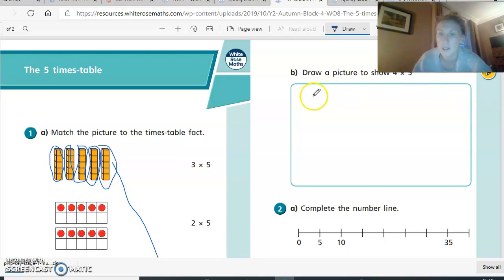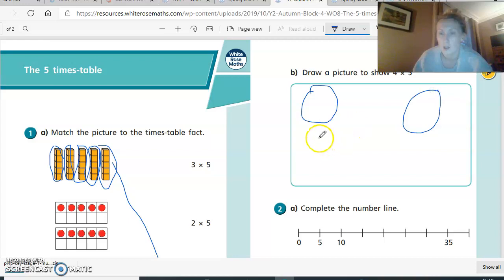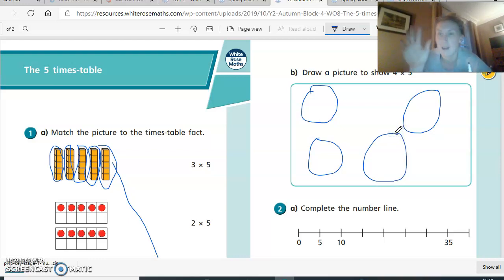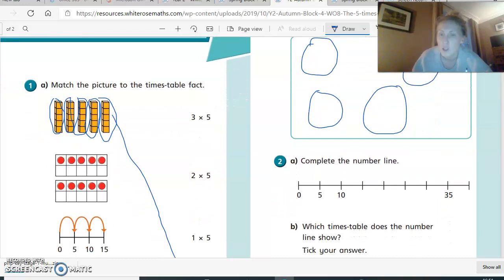So what I might do here is do my 4 groups first. 1, 2, 3, 4. There, I've shown my 4 groups there, and I know I need 5 in each group. I'm going to let you do that one by yourself. You show me what you can do.